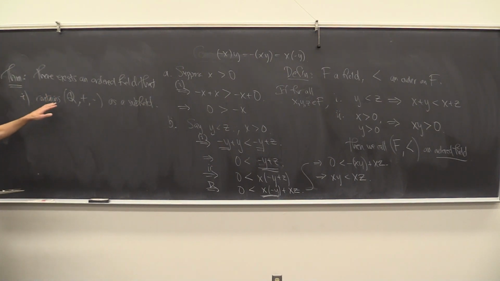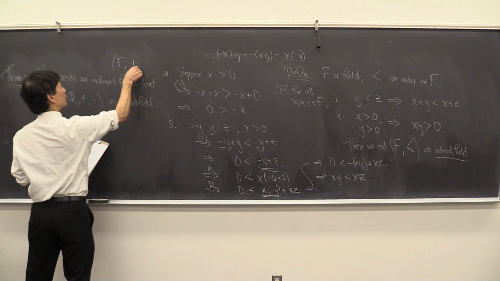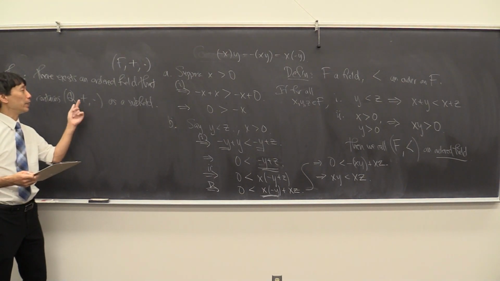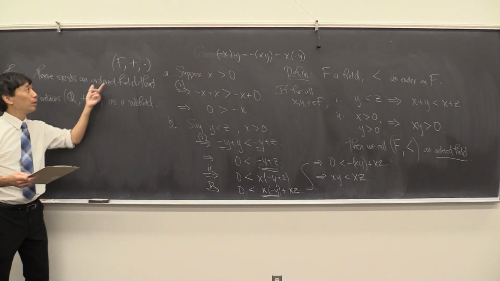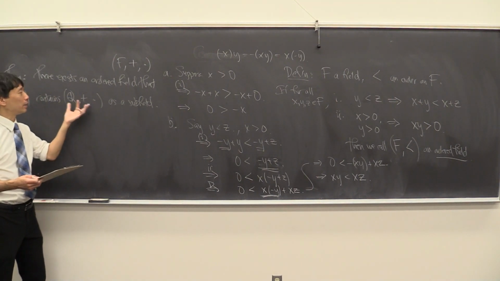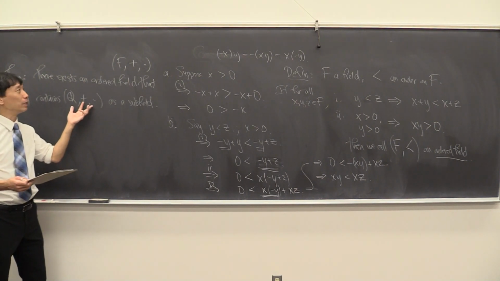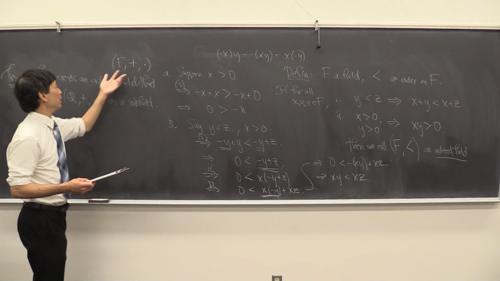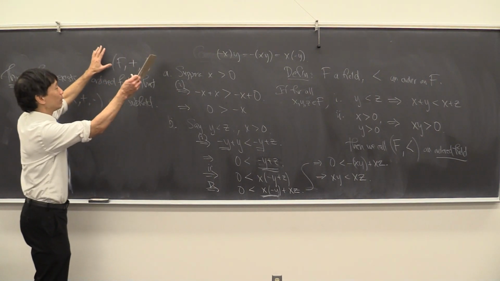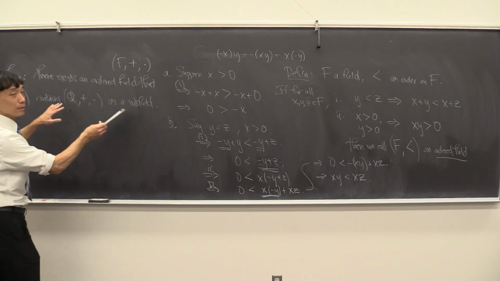There's some field and it contains the rational numbers, and the addition and the multiplication of this thing will agree with those of the rational numbers. It's not like this thing sits inside that field with its own, different addition and multiplication. The addition and multiplication from this F will agree with that of the rational numbers. That's what contains as a subfield means.